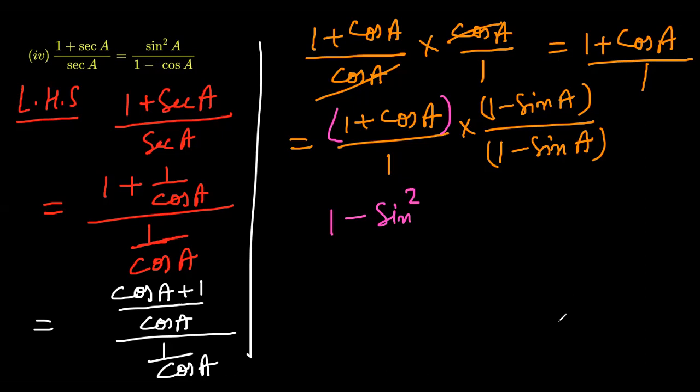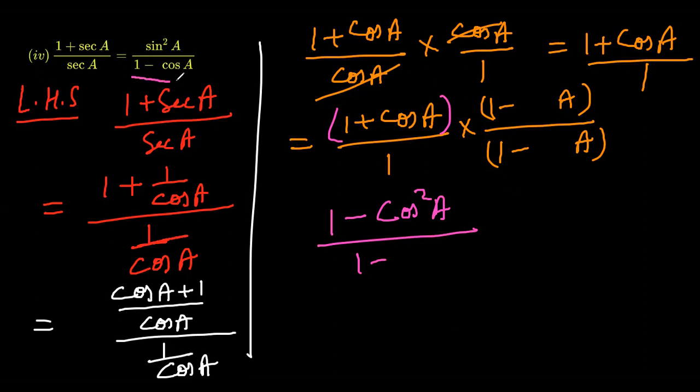Oh, hold on. It's like a squared minus b squared, where b is cos: 1 minus cos squared a divided by 1 minus... why did we multiply by 1 minus sine a? Oh, hold on, there is an error, we should fix it. Because we want to make it 1 minus cos squared a, so we should multiply by 1 minus cos a.